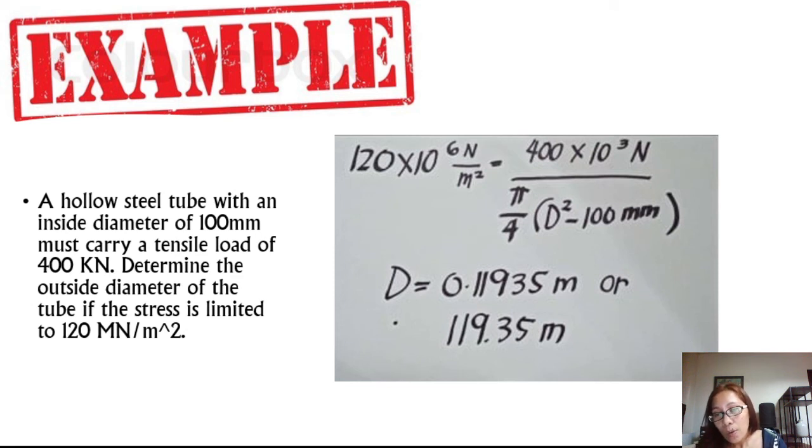So we have here 120 times 10 to the power of 6 Newton per meter squared equals 400 times 10 cubed Newton over pi over 4 times D squared, which is the outside diameter, minus d squared, the inside diameter, which is 100 millimeters. So when you input it in the calculator, the answer that comes out is the diameter of the outside is equal to 0.11935 meter, or 119.35.